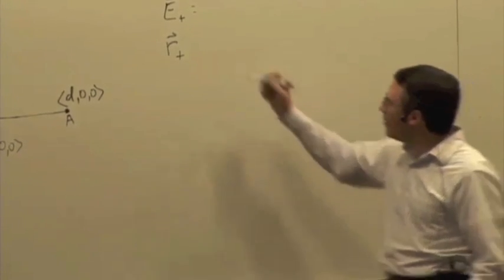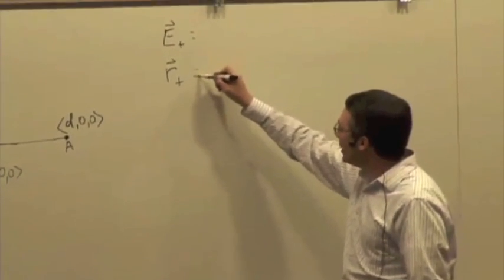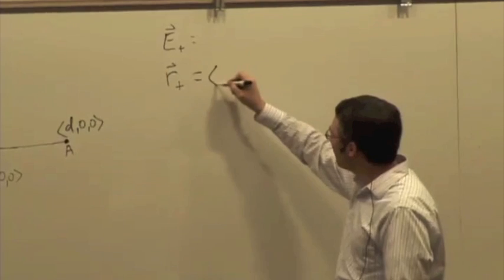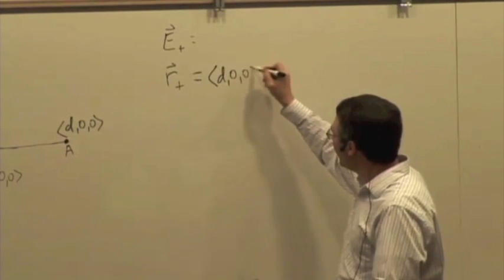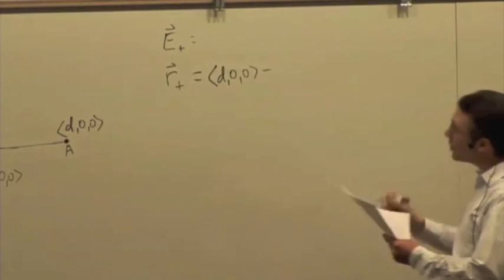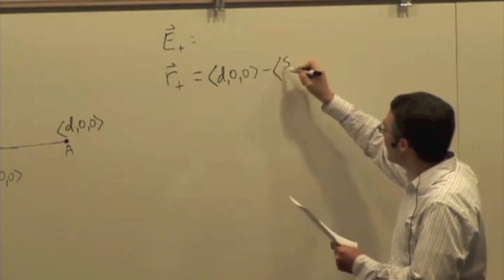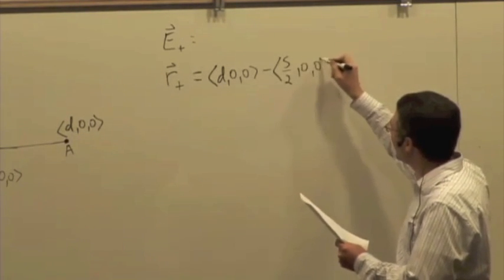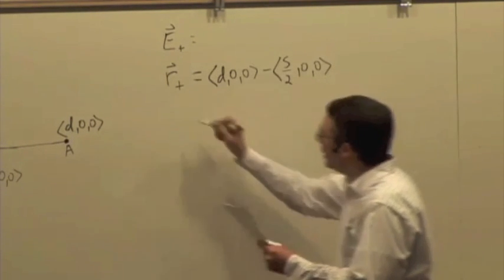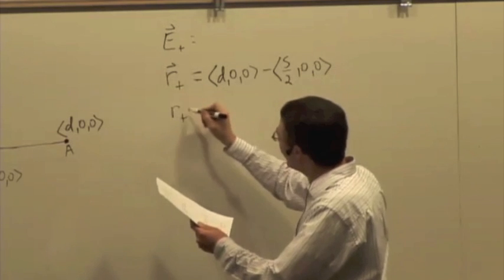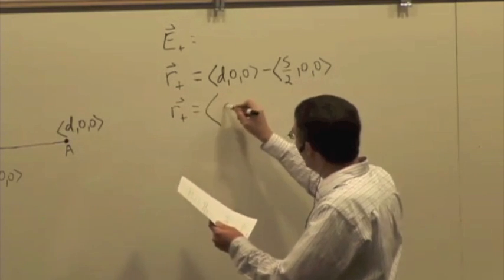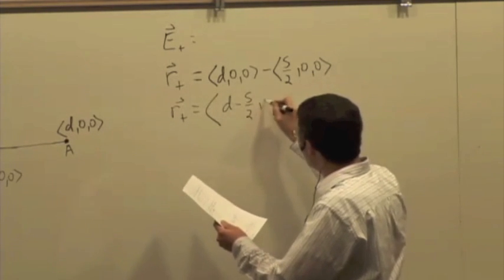That is final minus initial, right? So it's going to be the observation location, D, 0, 0, minus the source charge location, which is S over 2, 0, 0. And so we have r plus is D minus S over 2, 0, 0.